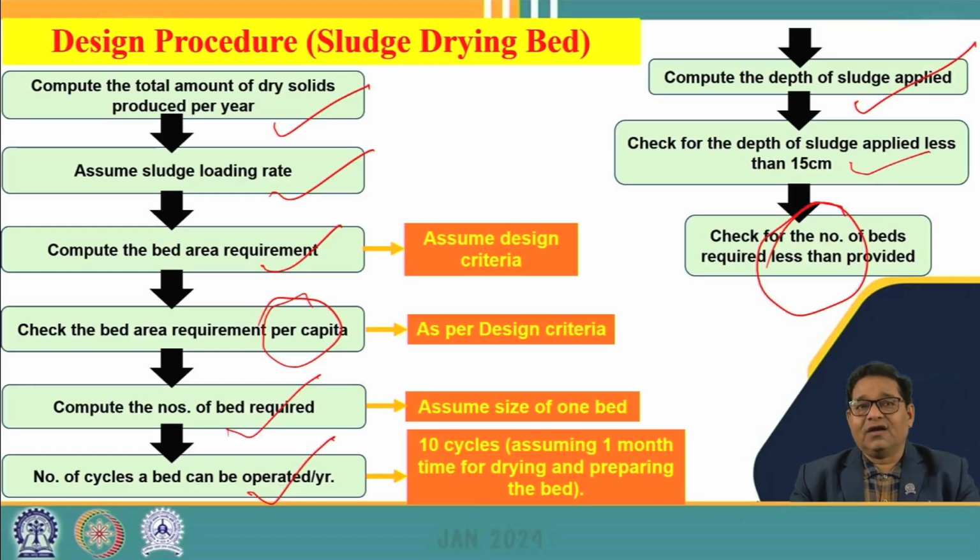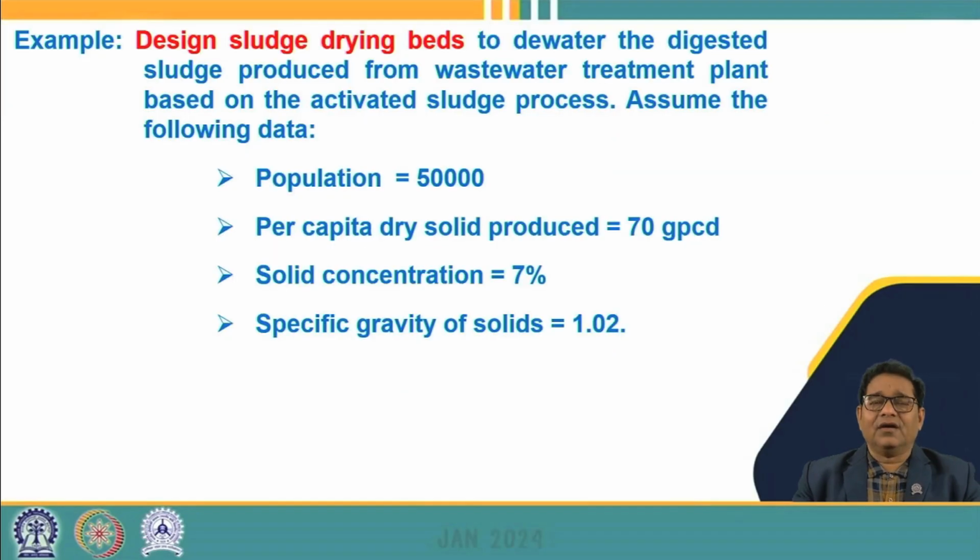So these are the different steps that we can follow to design the sludge drying bed. So let's take an example, and using this example we can illustrate how the design of the sludge drying bed can be carried out.